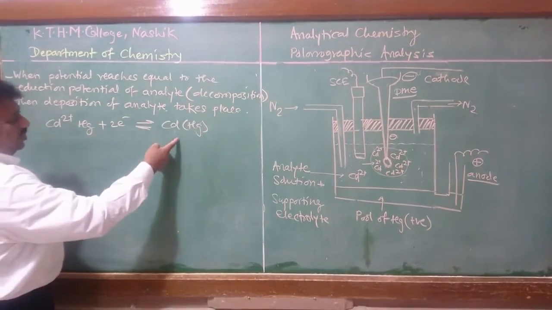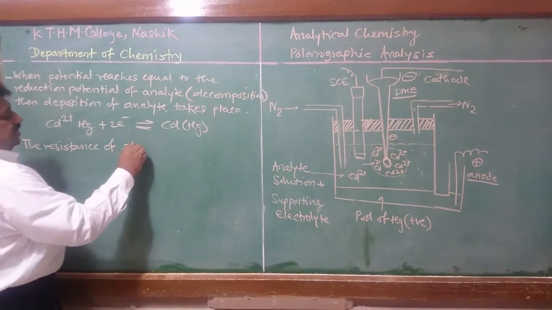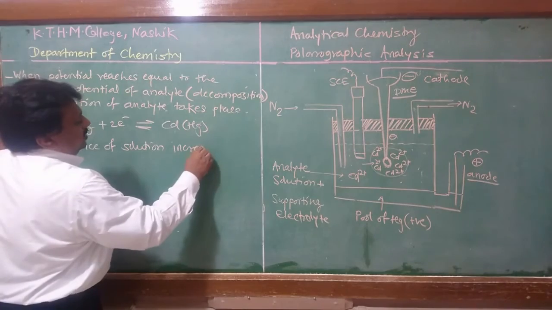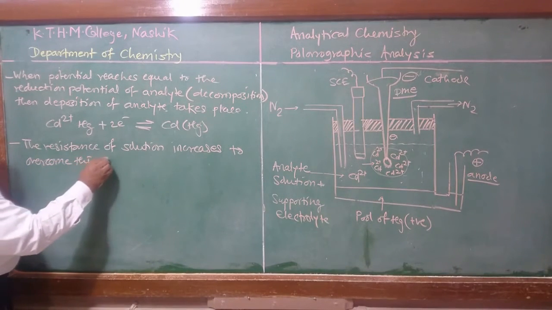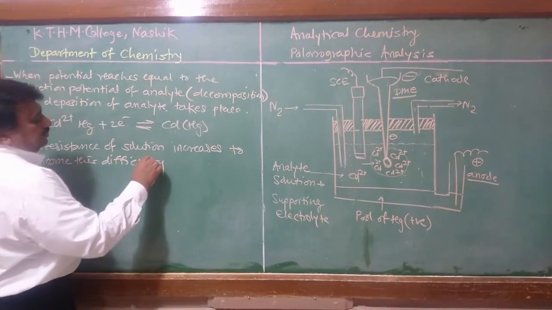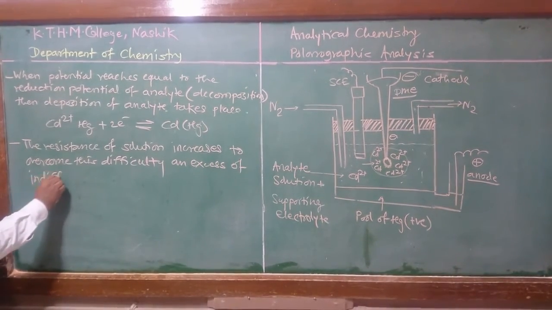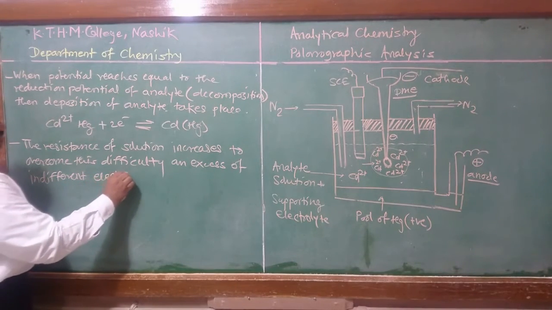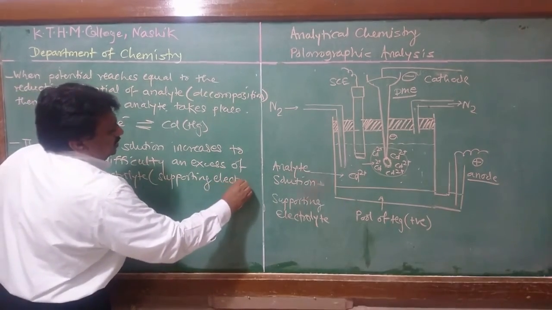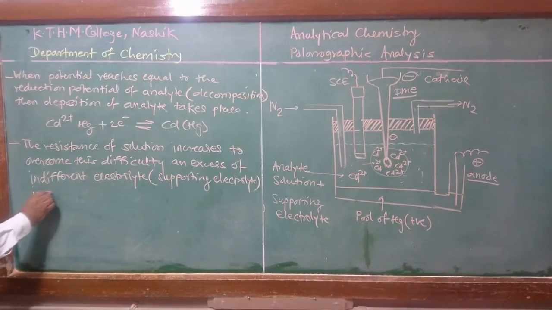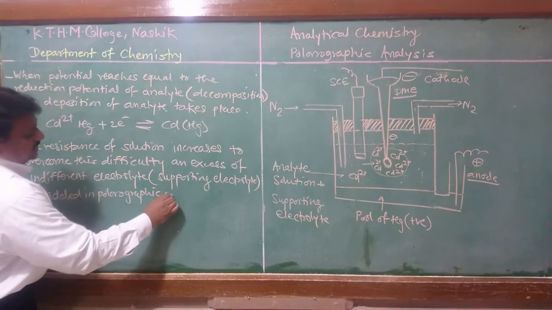Now as analyte is deposited onto the electrode, the resistance of solution increases, and to overcome this difficulty an excess of indifferent electrolyte, that is called supporting electrolyte, is added in the polarographic cell.